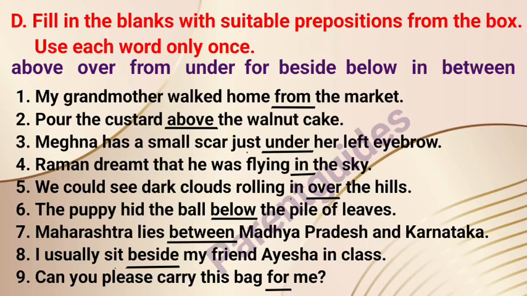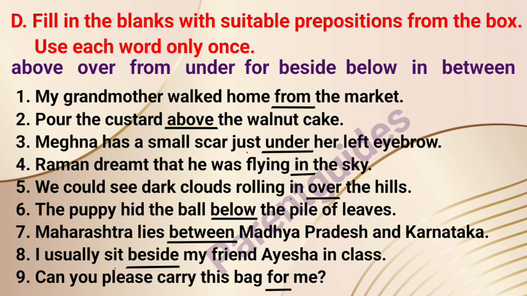D. Fill in the blanks with suitable prepositions from the box. Use each word only once. Above, over, from, under, for, beside, below, in between. 1. My grandmother walked home from the market. 2. Pour the custard above the walnut cake. 3. Meghna has a small scar just under her left eyebrow. 4.